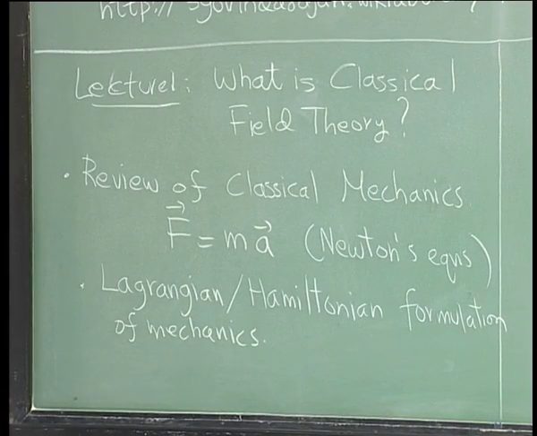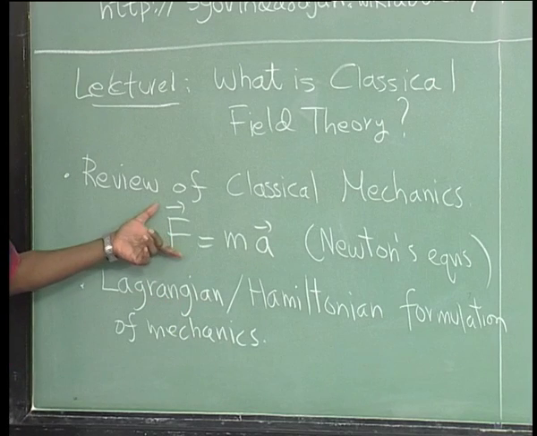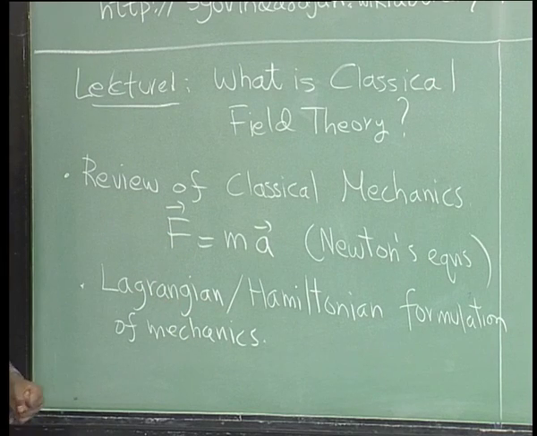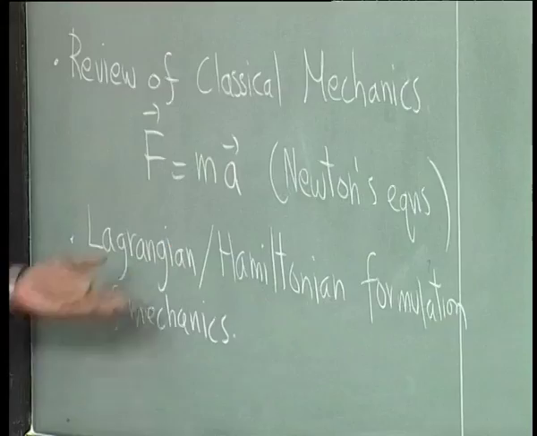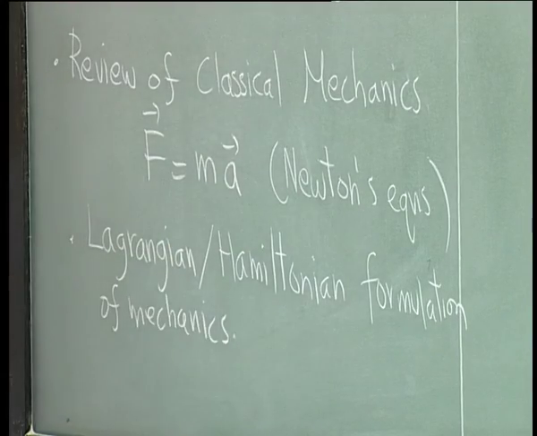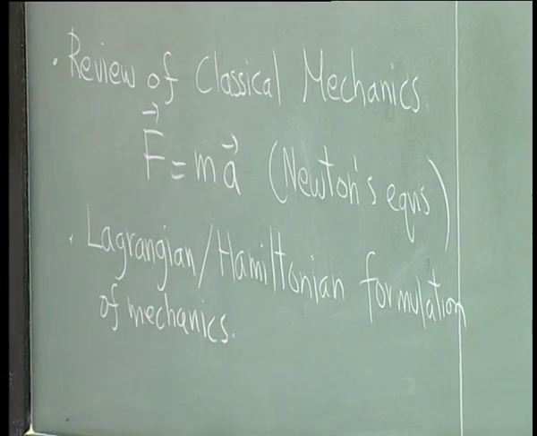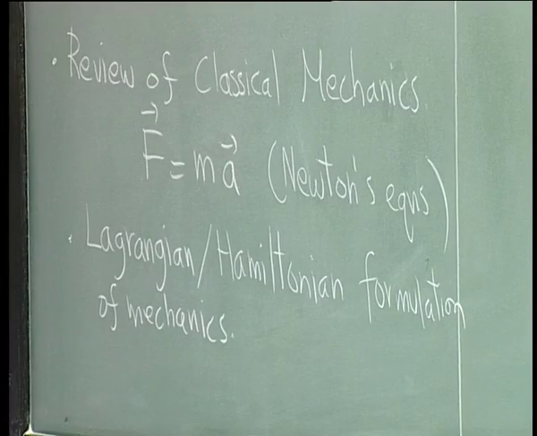The advantage of these formalisms is that they are much more general than Newton's equations and subsume them. So, in some sense, if you choose a particular Lagrangian or a particular Hamiltonian, you can recover Newton's equations.